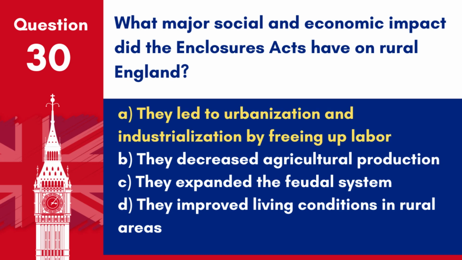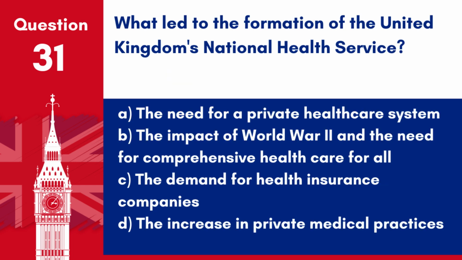Answer: A. They led to urbanization and industrialization by freeing up labor. The Enclosures Acts privatized common lands, pushing many rural dwellers to move to cities and seek work in factories, thus fueling the Industrial Revolution.